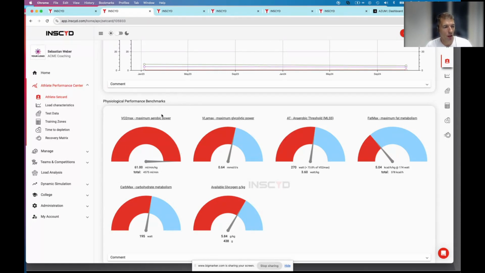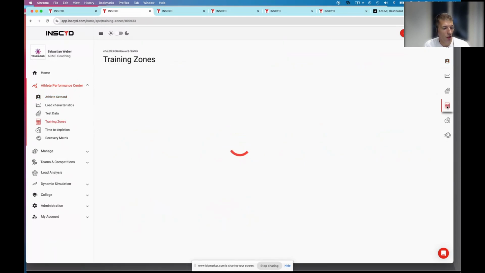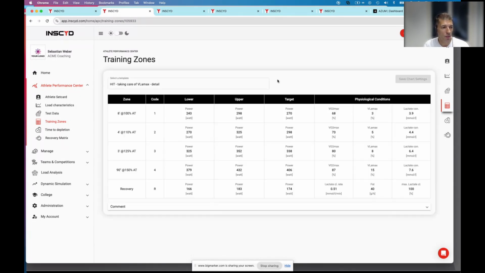For that, I really recommend using specific training zones. Some of you will be familiar with the training zone builder, which allows you to set up training zones specific, for example, to achieve a certain percentage in VO2 max as the aerobic trigger, but it also allows you to look at, for example, lactate concentrations after specific intervals, or what we're going to look at today, the utilization of VLamax.